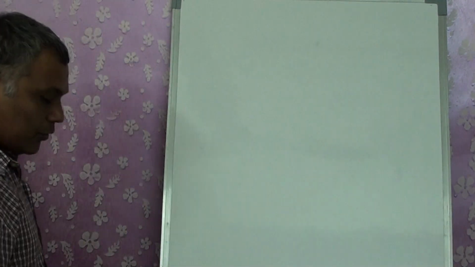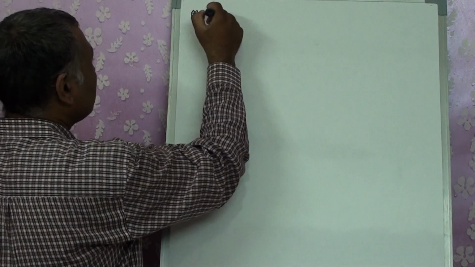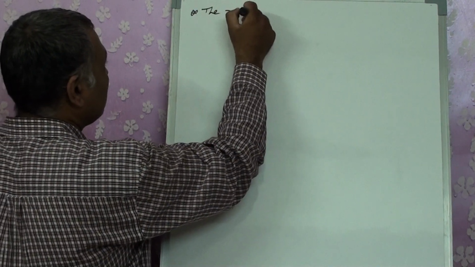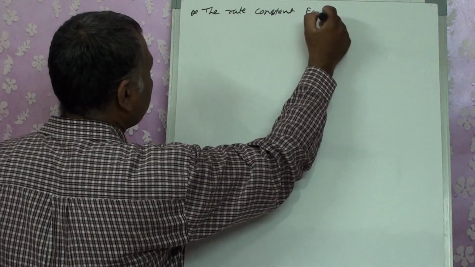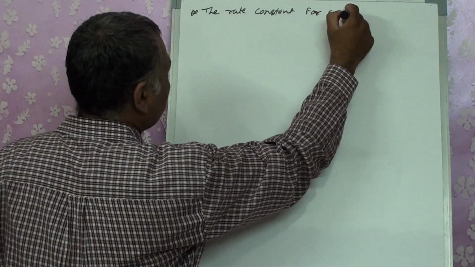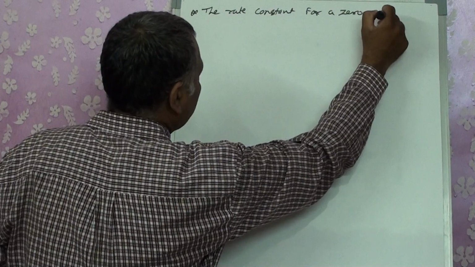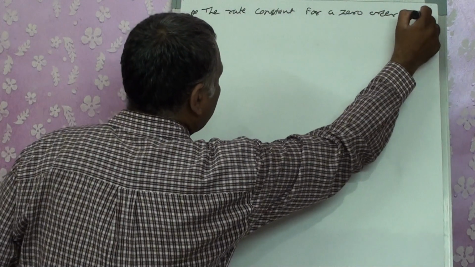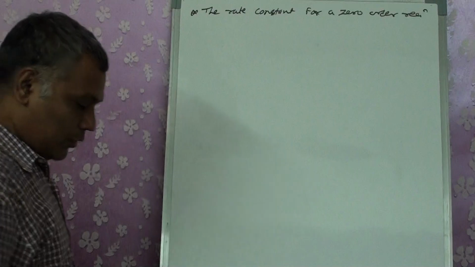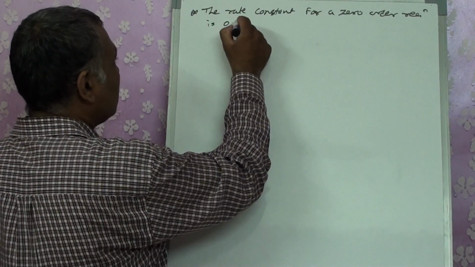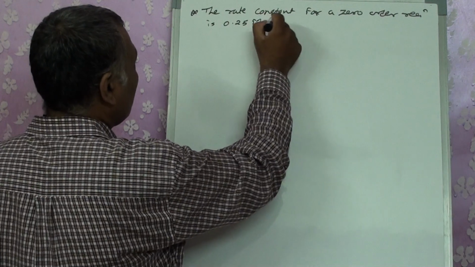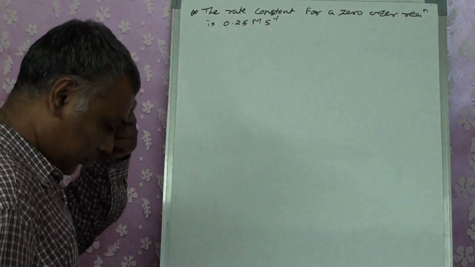Now, the next sum that is given to us: the rate constant for a zero order reaction is 0.25 mole per second.